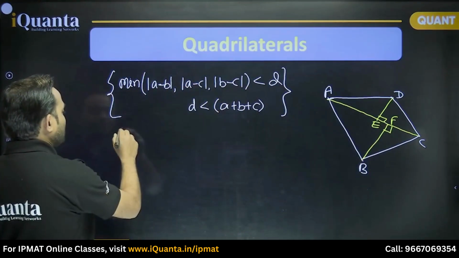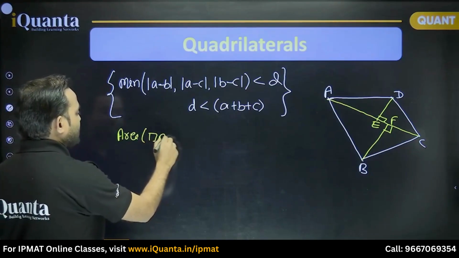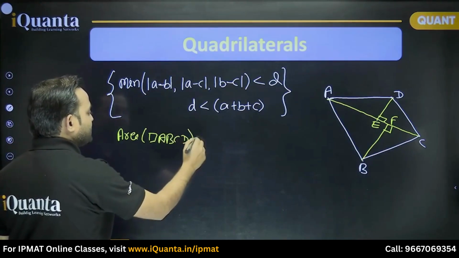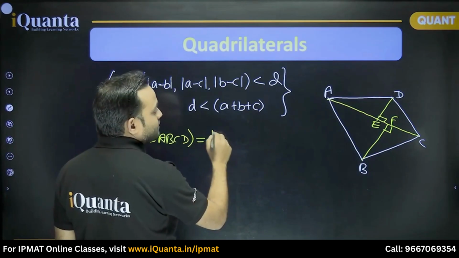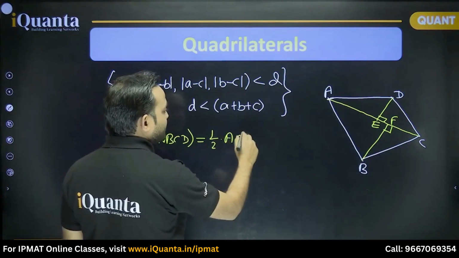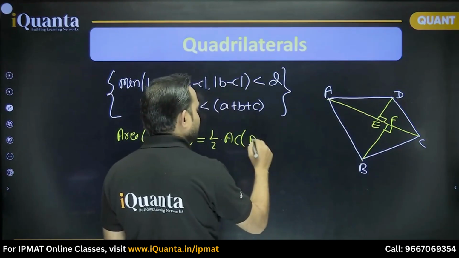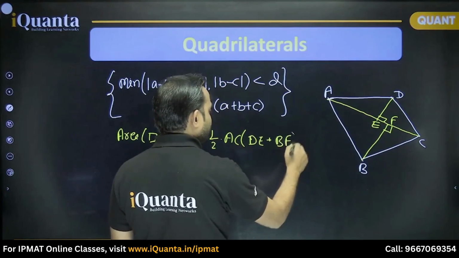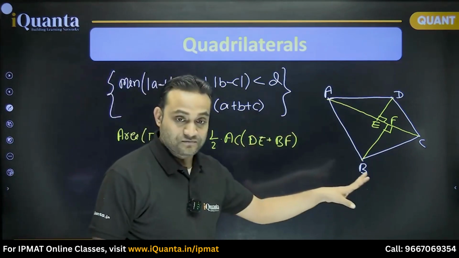The area of this quadrilateral ABCD will be equal to half of AC into the sum of the perpendicular lengths, which is DE plus BF. This will be the area of this quadrilateral.